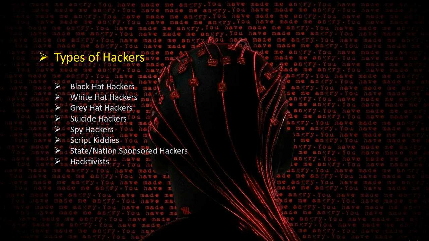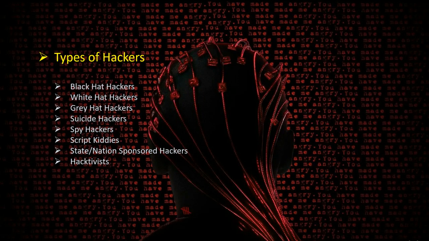A white hat hacker is an ethical hacker who has control over the system and works with the consent of the owner, mainly to identify vulnerabilities so that black hat hackers can't take advantage of the known vulnerabilities.